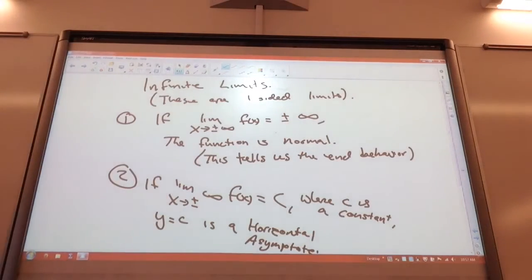So if I'm looking for horizontal asymptotes, I could take the limit as the function goes to infinity. And if I get a constant number out, then whatever that constant number is, that's a horizontal asymptote.